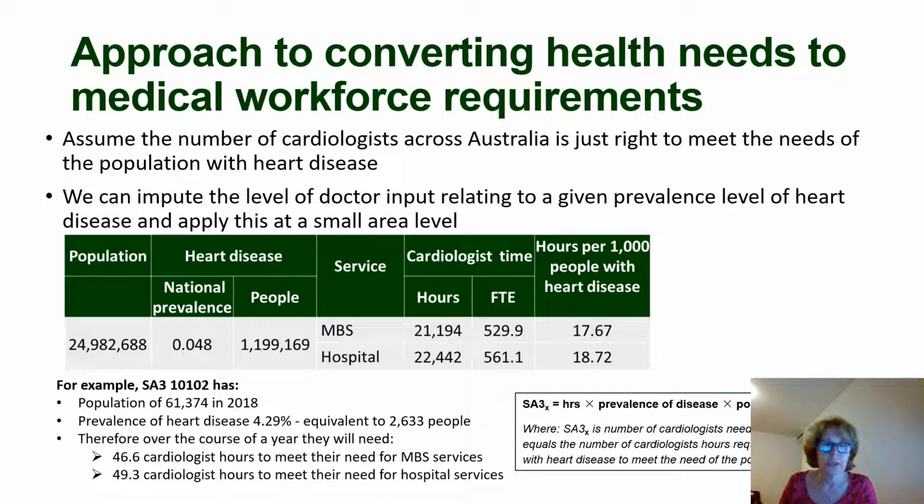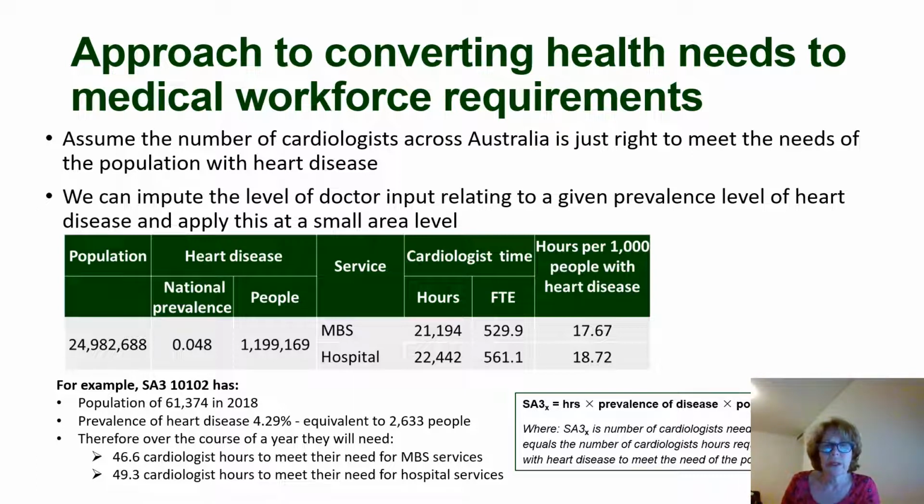So in the example we show here, we've got a prevalence of heart disease of 4.29%, which is the equivalent of just over 2,500 people within a population of 61,000.